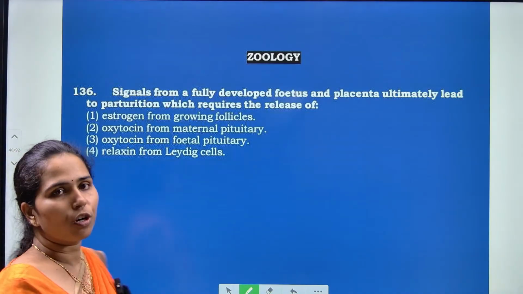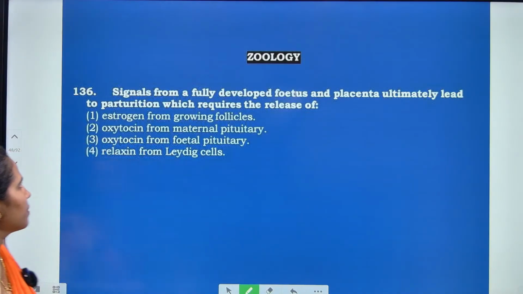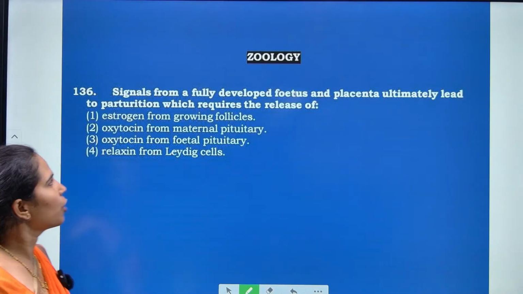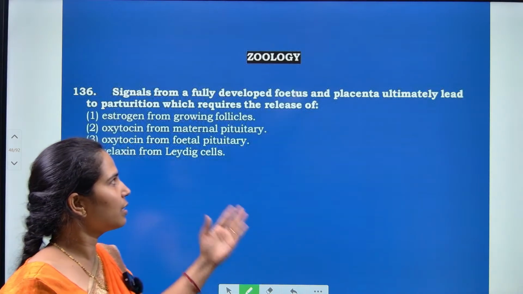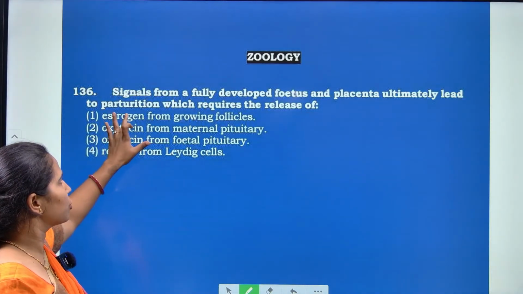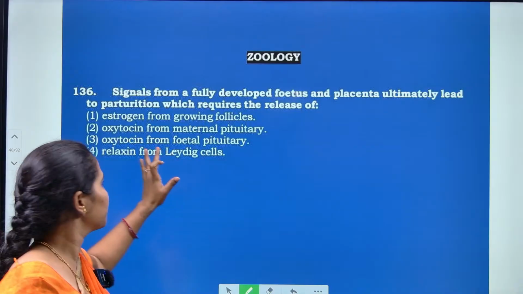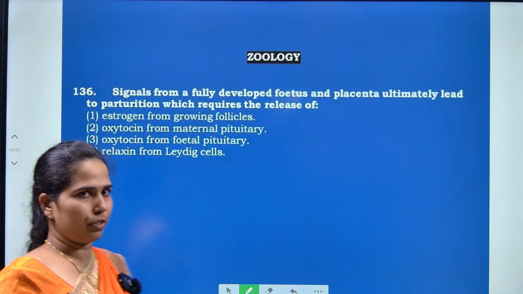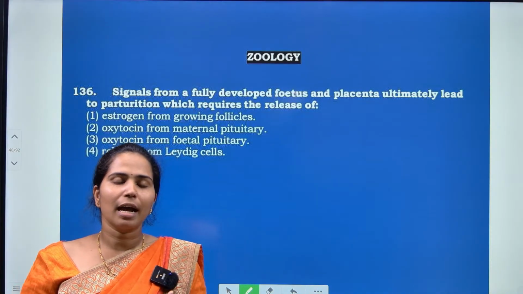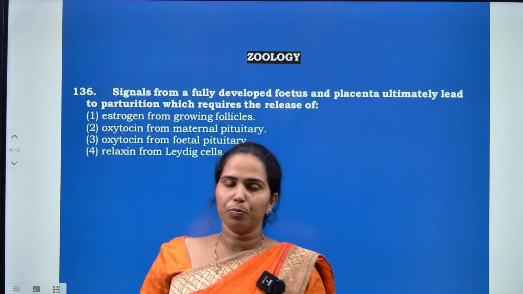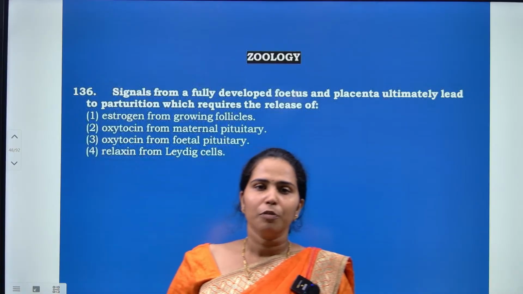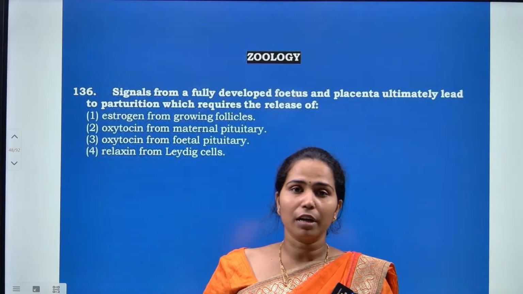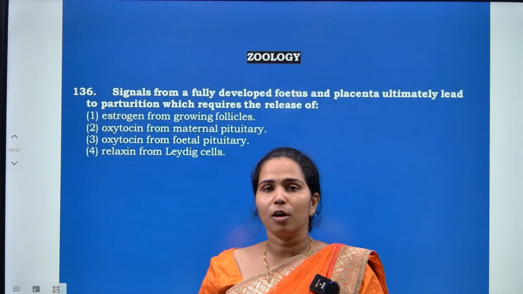The first question of the zoology part is a direct question, where they have given the definition itself. The signals from the fully developed fetus and the placenta ultimately lead to parturition. Parturition is nothing but the delivery process to expel the fetus, which requires the release of a hormone secreted by the hypothalamus and stored in the pituitary, called the oxytocin hormone.